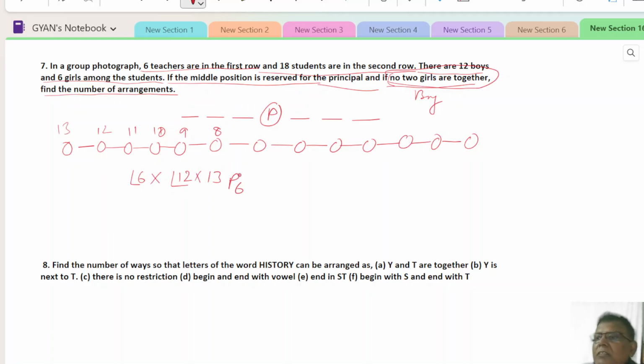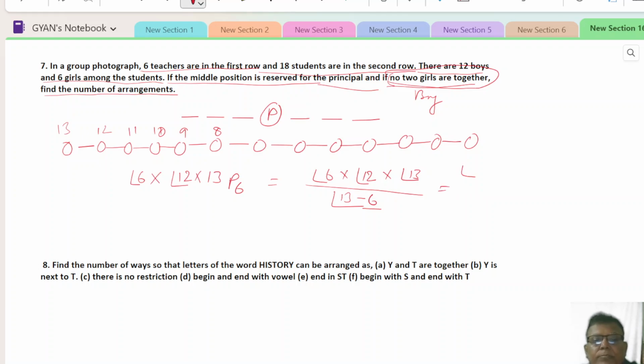So this you calculate, you will get how much? Factorial 6 into factorial 12 into factorial 13 divided by factorial 13 minus 6.